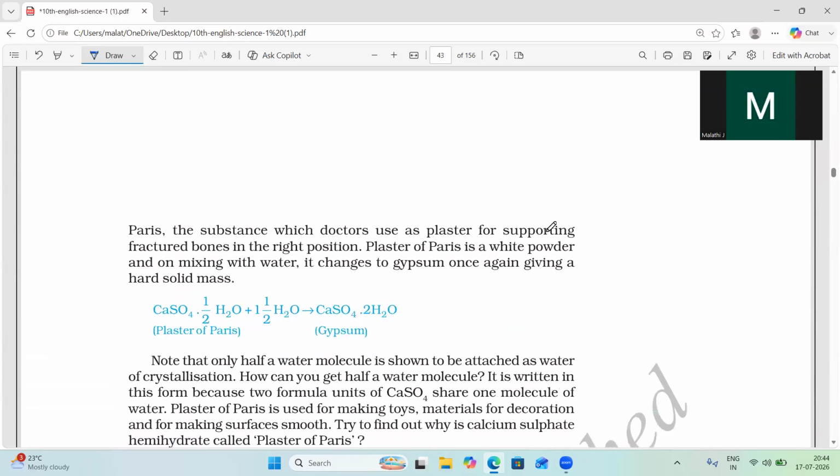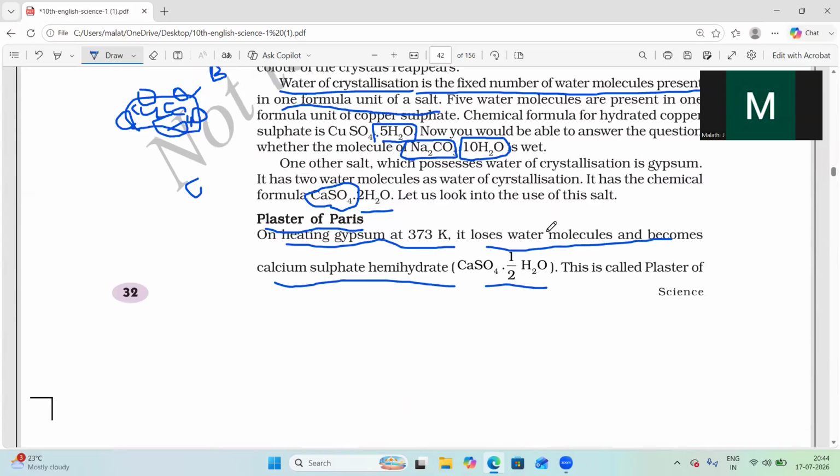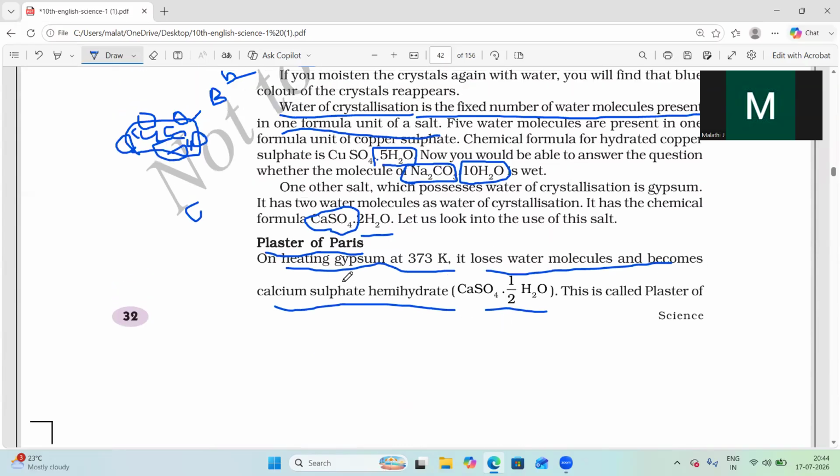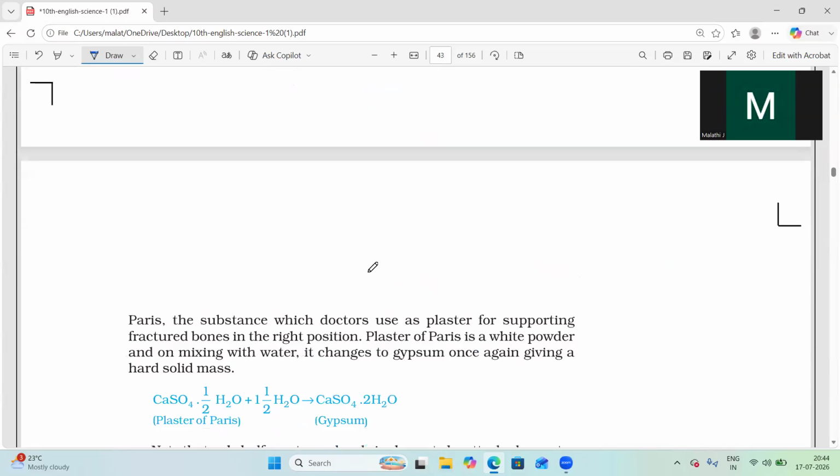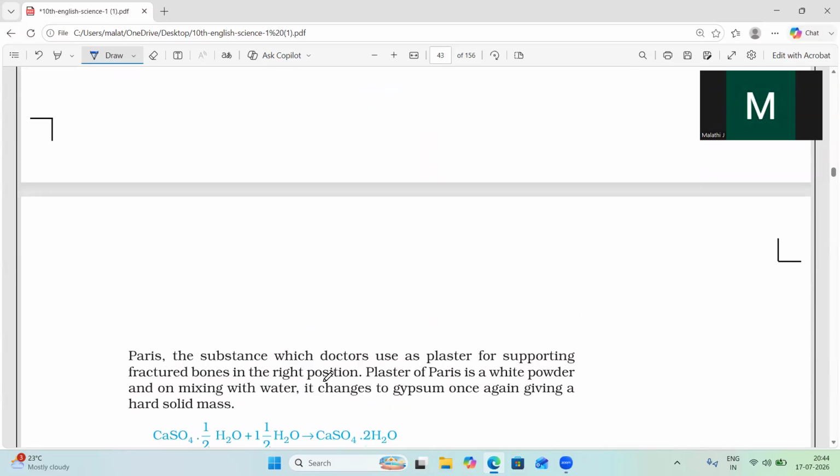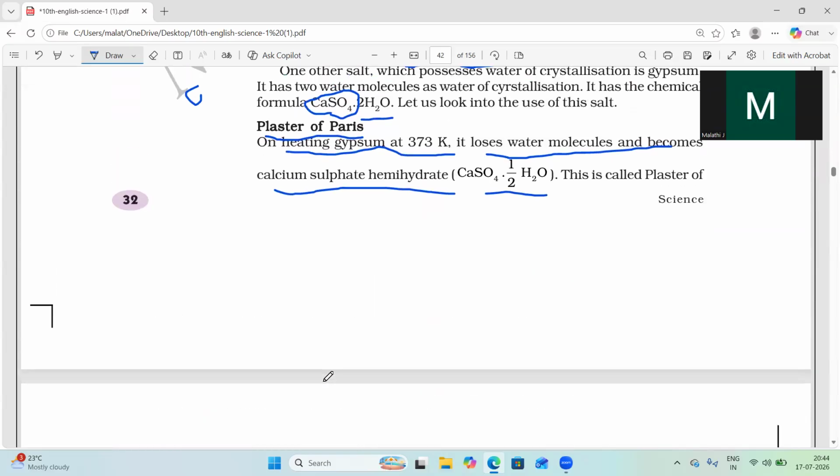So if you look here, what are we doing? Gypsum. What is the formula for gypsum? CaSO4.2H2O.